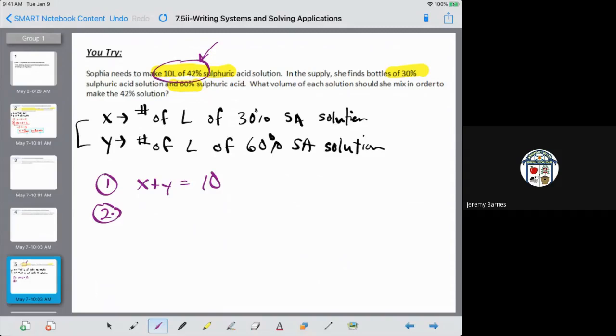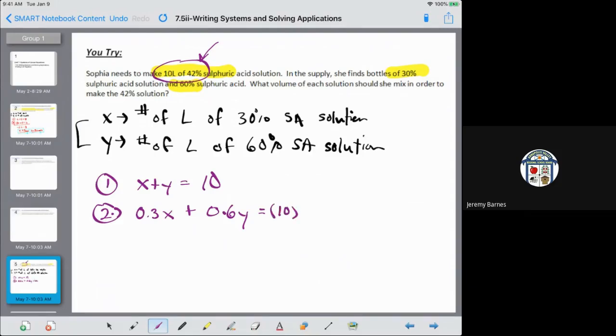So we know that x is the 30% solution, so for every liter that we add of x, it's 0.3. And for every liter of y that we add is 0.6. So 0.3x plus 0.6y has to equal, well, we have 10 liters altogether.